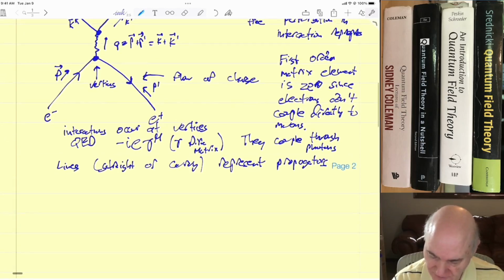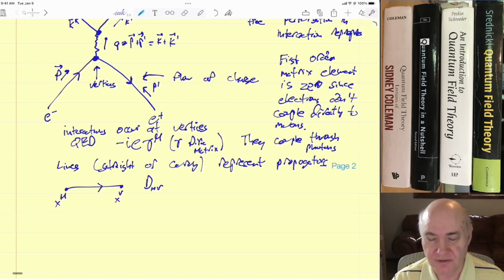So something like this, if we want to know the probability amplitude of going from this point to this point, it's going to be some kind of propagator. Let's say this is x mu and this is x nu. For a photon we might call it D mu nu, and for an electron we might call it S mu nu, and so on.